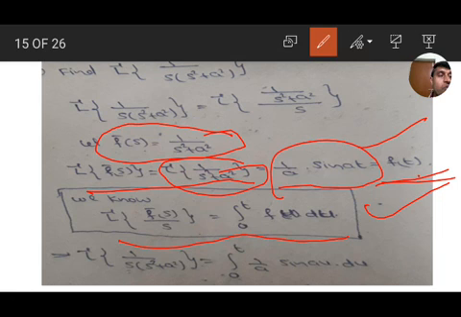Take it as f of t, and substituting in this formula, 0 to t f of u, 1 by a into sin au du, where in the place of t we replace by u.